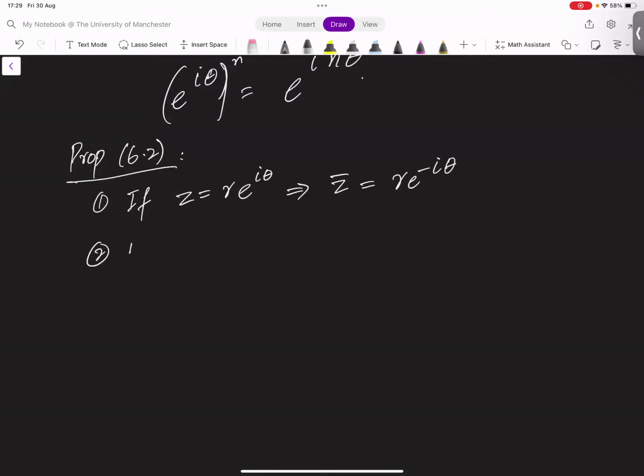Two, let z be r e^{iθ} and w be s e^{iφ} in polar form.